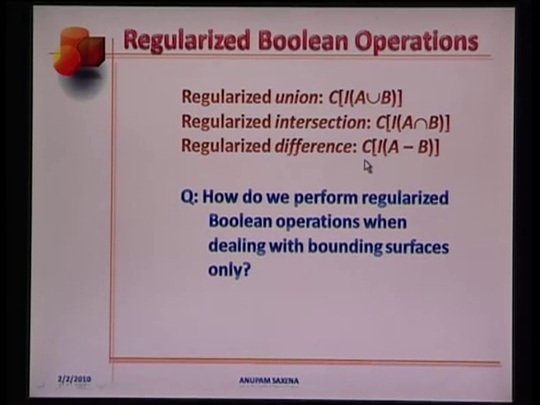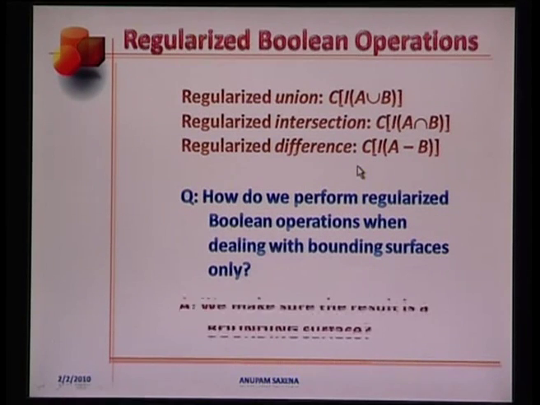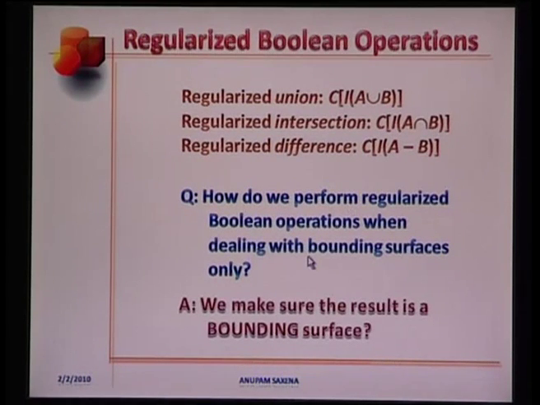I can only conjecture at this time, but this is what my conjecture is. All we need to do is make sure that the result of the raw Boolean operations is a bounding surface by itself. In other words, the result of the Boolean operations is a perfectly valid solid.